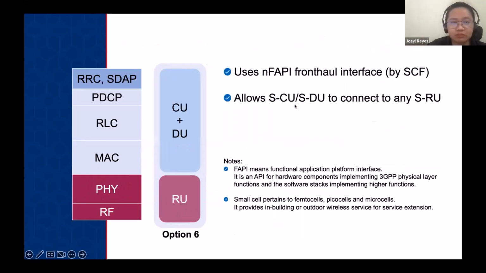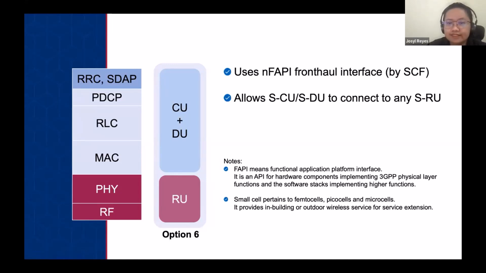Now option number 6. No? In option number 6, the separation is between the PHY and MAC. This one uses a front haul interface called nFAPI. nFAPI is a functional application platform interface. It is an API for hardware components implementing 3GPP physical layer functions and software stacks.